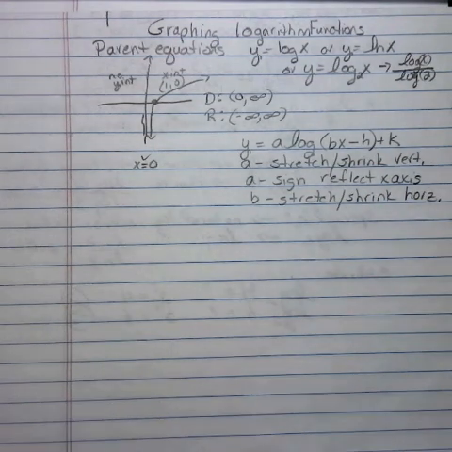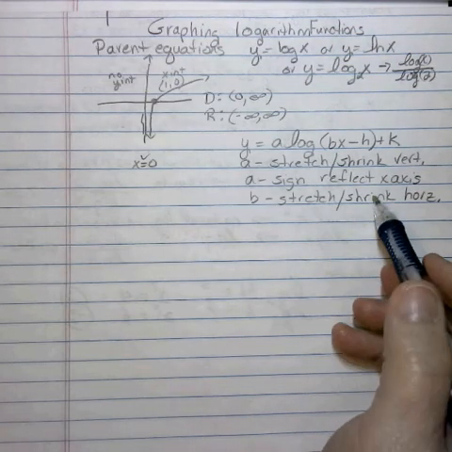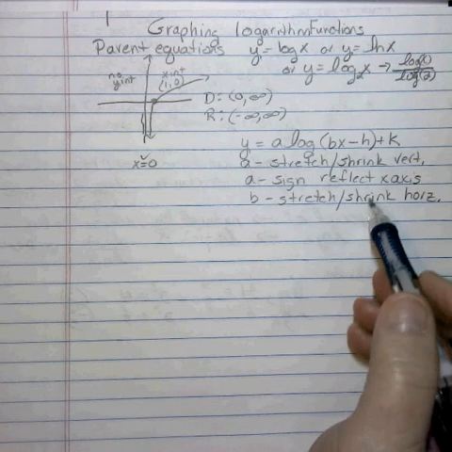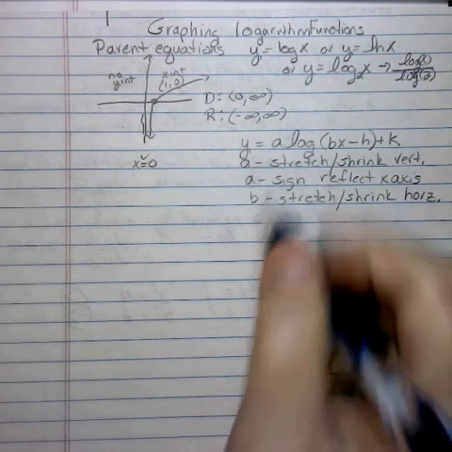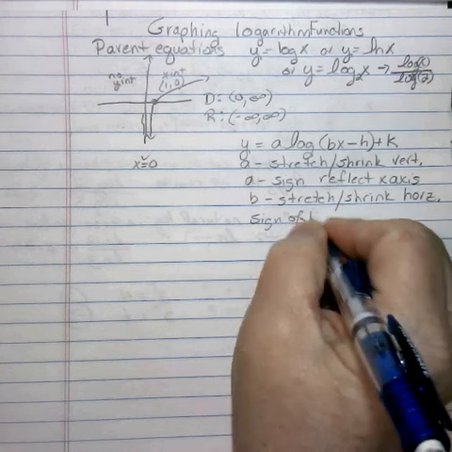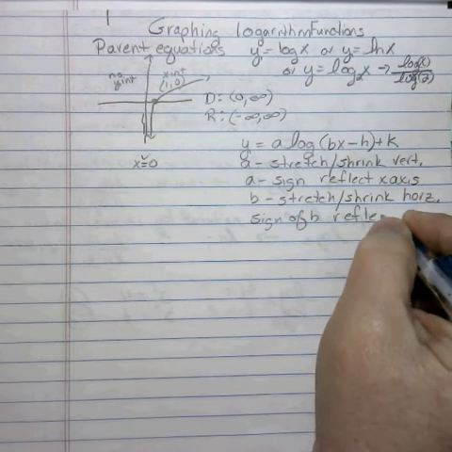And remember that horizontal amount is opposite what you think it might be. So a value bigger than 1 is actually a shrink. A value between 0 and 1 is actually going to stretch it. The sign of b is going to reflect it over the y-axis.